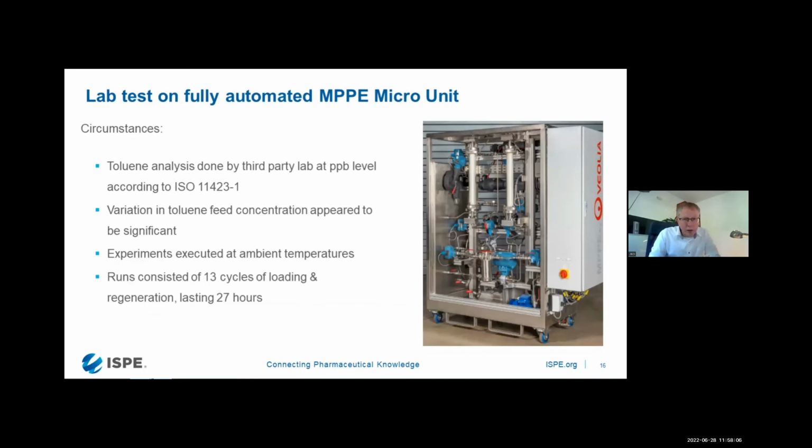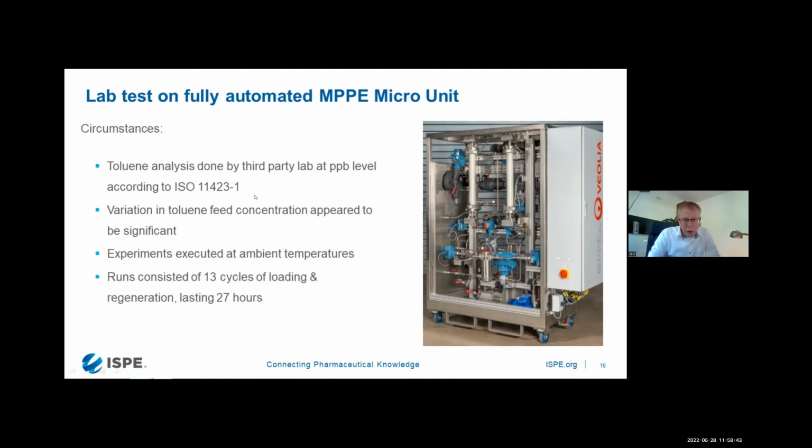What we have done is we have used what we call a micro unit in order to test with the actual feed water that was delivered in an IBC container, and treating that by the extraction media. So in the picture here, you see the micro unit containing the columns with the media. These are the columns, and it's a fully automated MPPE unit, but just very small.